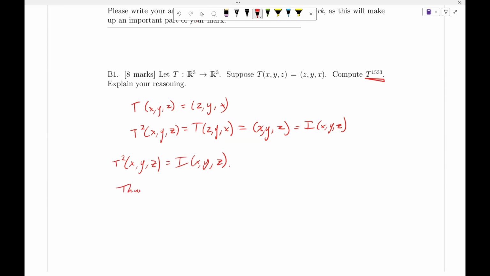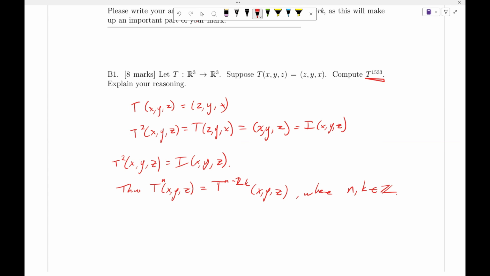Thus, T^n of x, y, z is equal to T^(n-2k) of x, y, z, where n and k are integers.